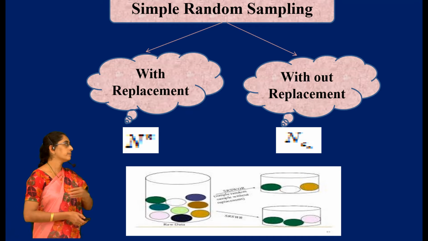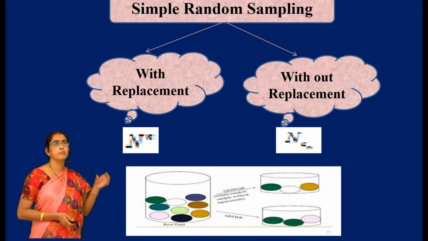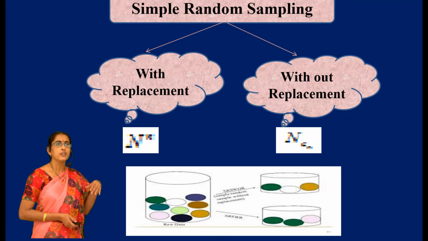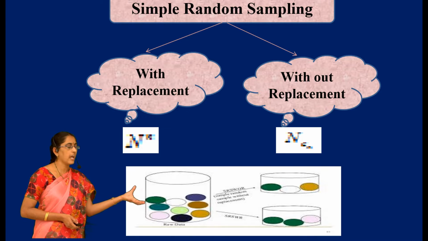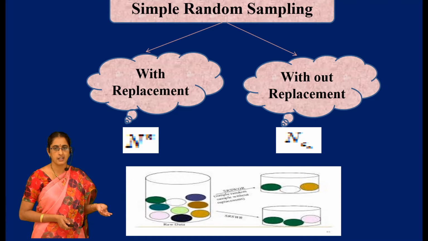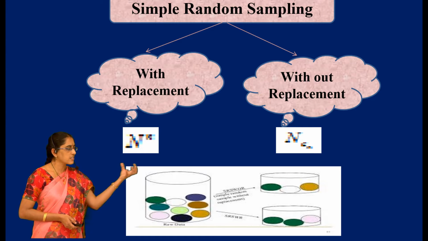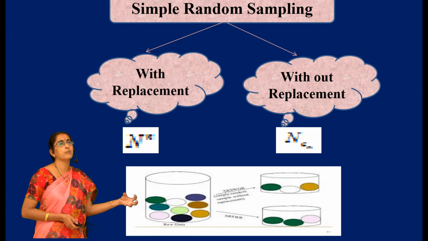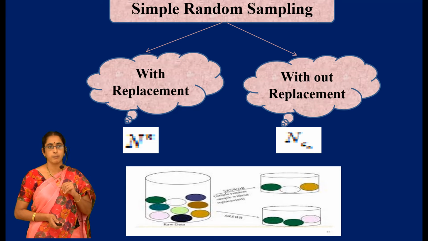If I want to pick some balls from a box with different colors, red, green, blue and black, and I put a hand in the box and get all red balls, no problem, I can select that. If it is a combination of red, blue, black, green, yellow, no problem, it is simple random sampling with replacement.